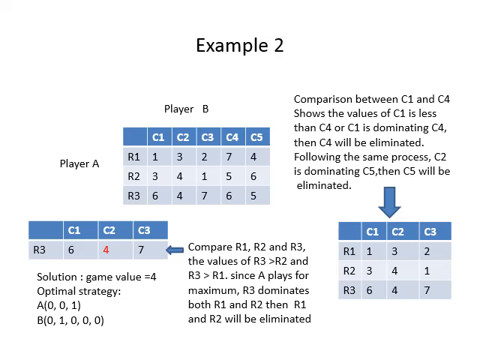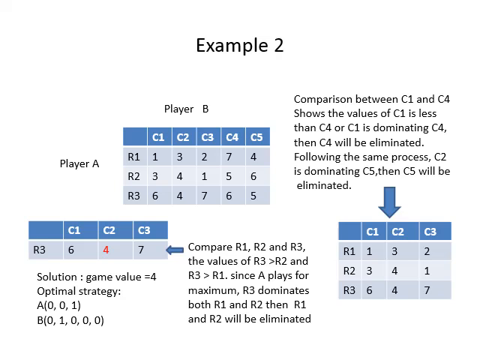Because player B has 3 strategies, C1, C2 and C3, while player A has 1 strategy, and player B all the time plays for minimum, not maximum. That's why we choose 4, because it's the minimum value. It is a minimum value because player B plays for minimum, while player A plays for maximum.